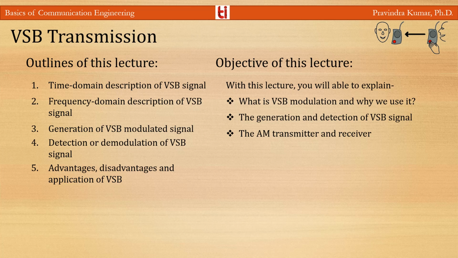In the objective of this lecture, you will be able to explain what VSB modulation is and why we use it, the generation and detection of VSB signals, and the transmitter and receiver of AM system.